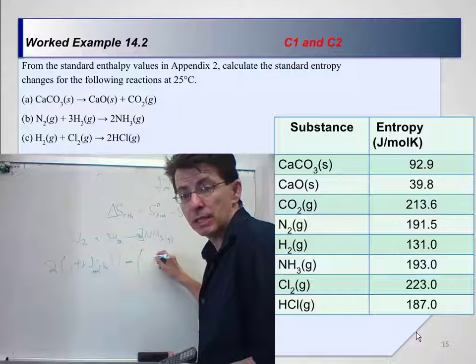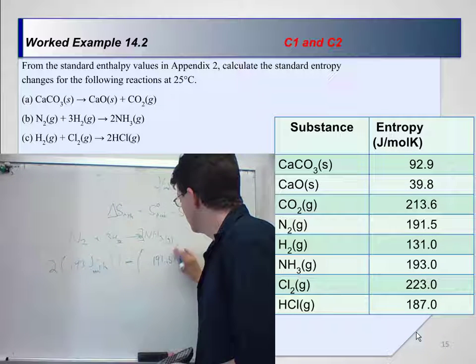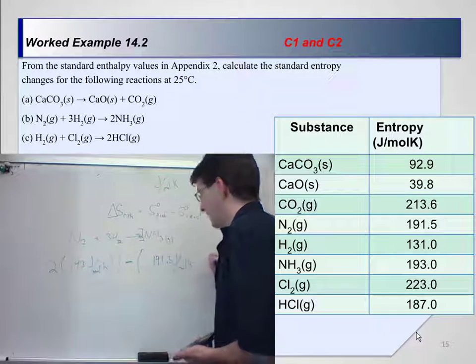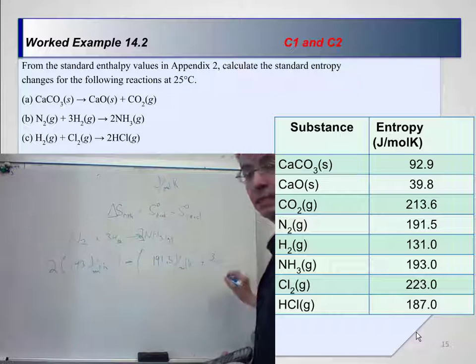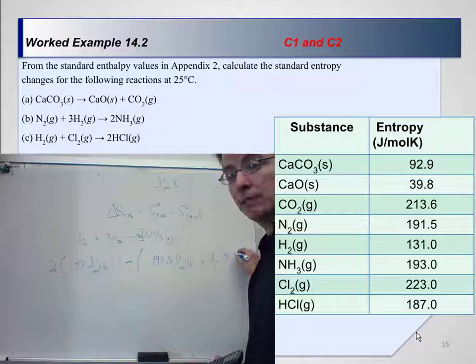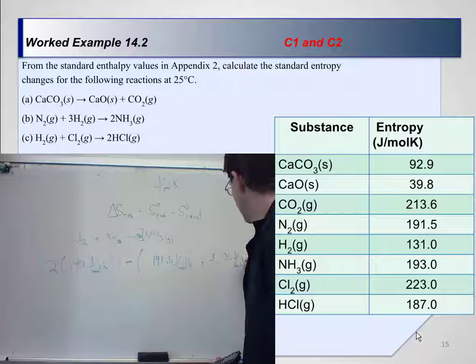The nitrogen has an entropy contribution of 191.5 joules per mole Kelvin, and 3 times the hydrogen's contribution, 131 joules per mole Kelvin.